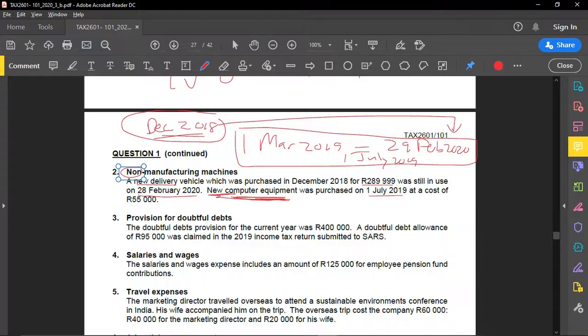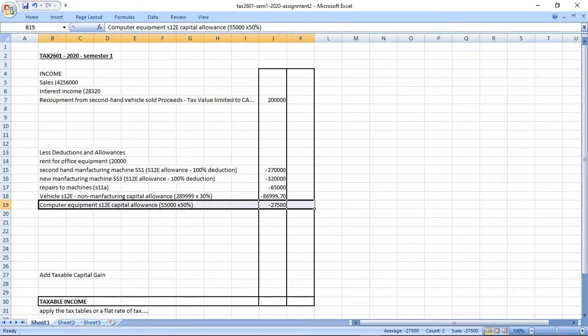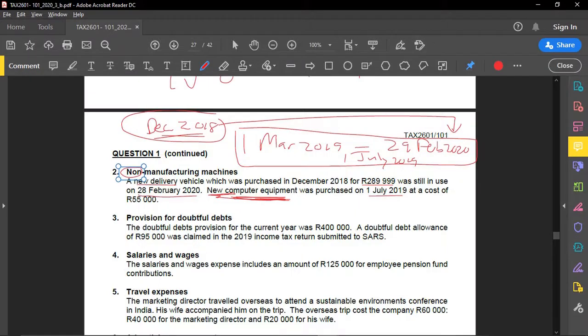How much was it? Let's go back. The cost of the equipment was 55,000. 55,000 times 50%, so minus 55,000 times 50% is 27,500. That's the computer equipment capital allowance according to section 12E.